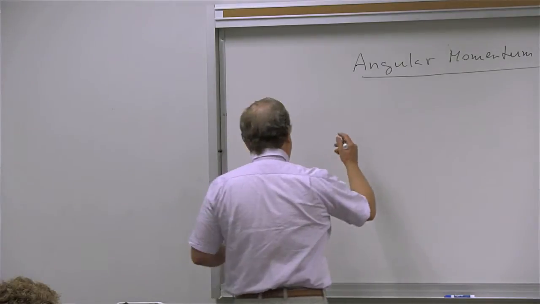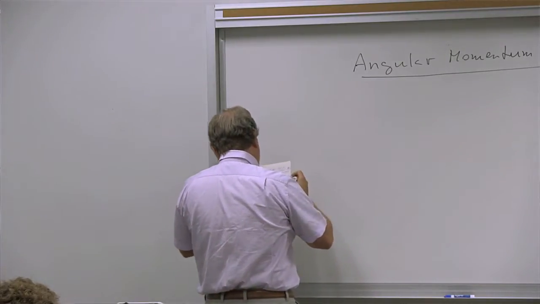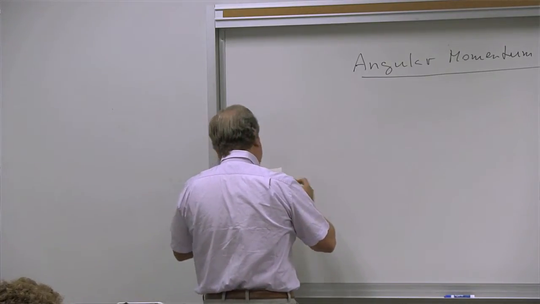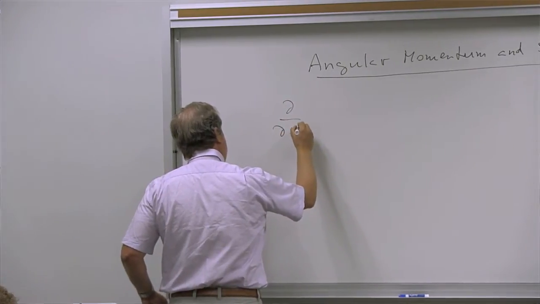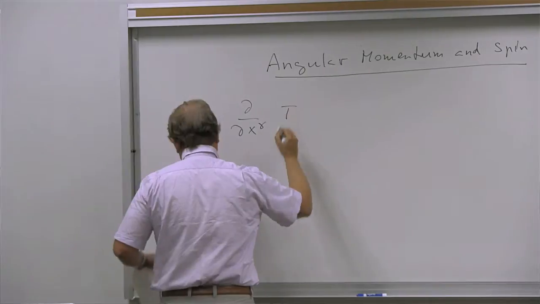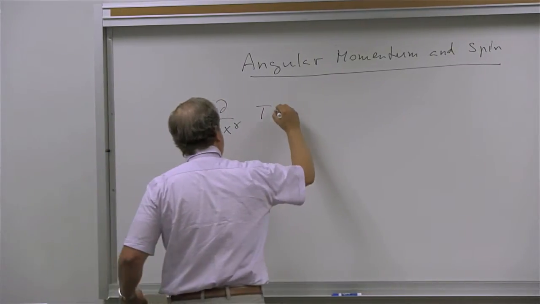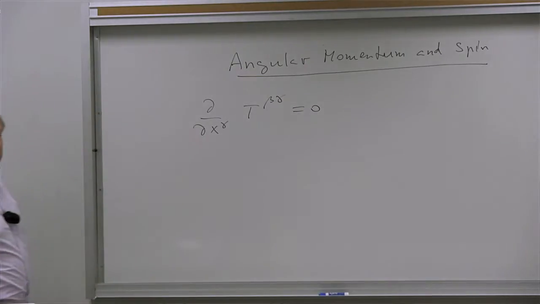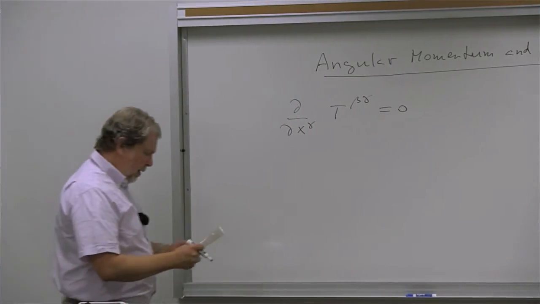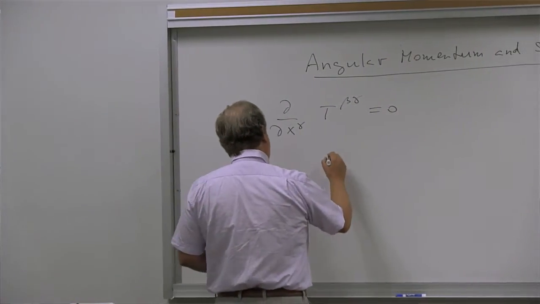Well, again, we start out from the equation of energy momentum conservation, which is d by dx gamma of T beta gamma equals 0. That was on the blackboard before, so that we know. And now we construct the following object.